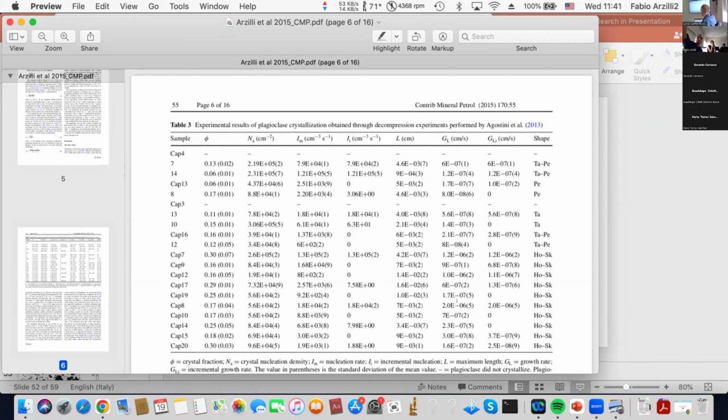So you can select different orders of magnitude, and if you test 10 to the minus 6 and 10 to the minus 8, you will have a very big change in residence time that will go from hours to years, basically. Depending on the slope, but this is what you get.